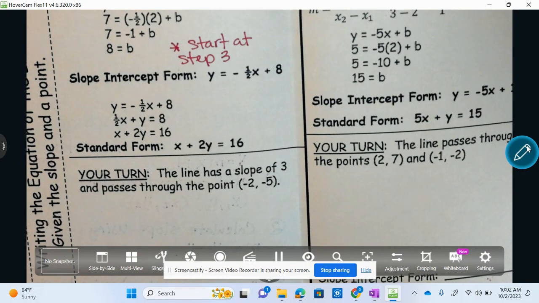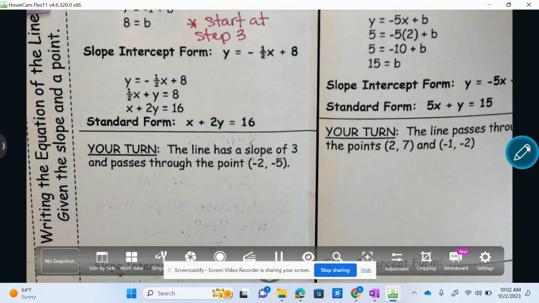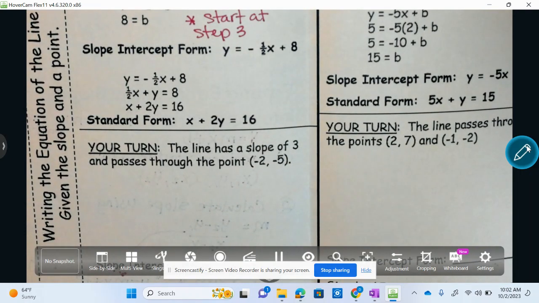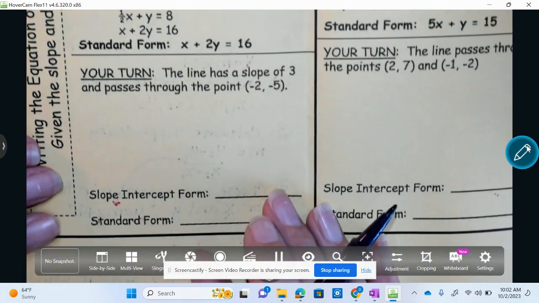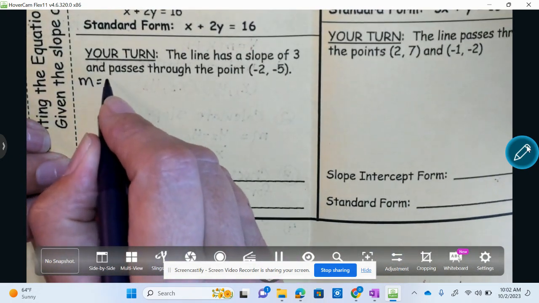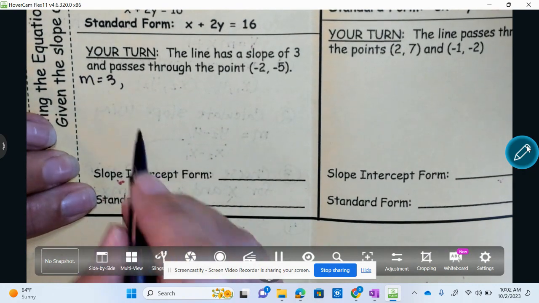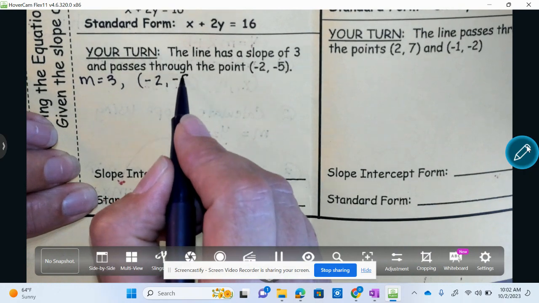So we're going to do that. We're going to start at step 3, make sure our stuff is labeled, and solve for the slope down below. So where it says your turn, it says this line has a slope of 3. So I'm going to write that, m equals 3, because I think that's important. And it's going to pass through the point -2, -5.